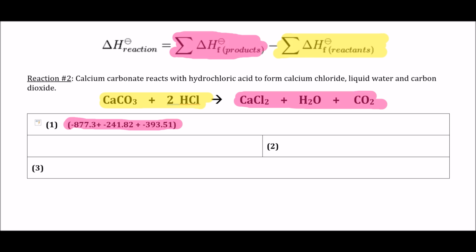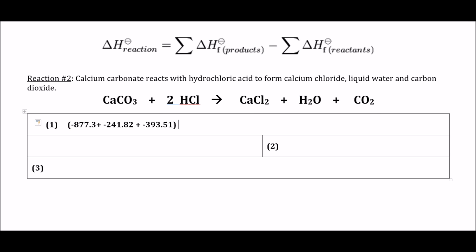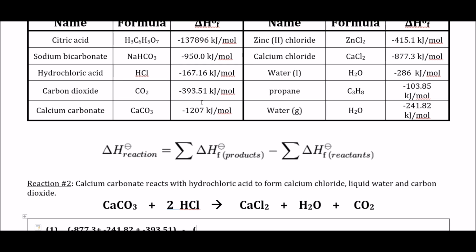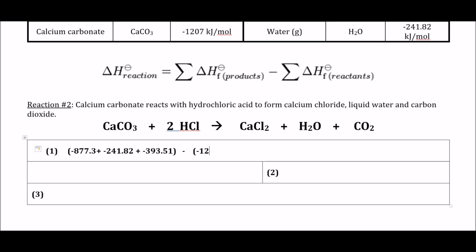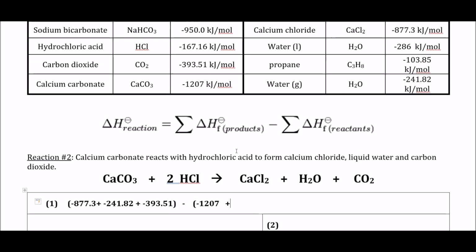Okay, now what we're going to do is subtract the sum of the reactants. So let's go ahead and do that. The reactants are going to be calcium carbonate here, which is right here. It's going to be negative 1207. So we're going to do negative 1207 plus hydrochloric acid.